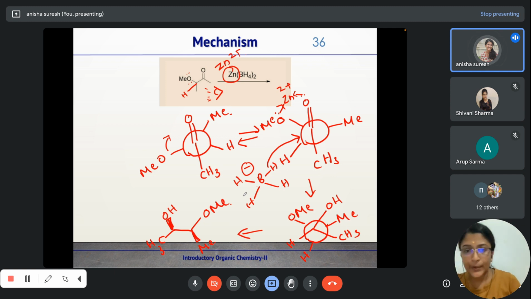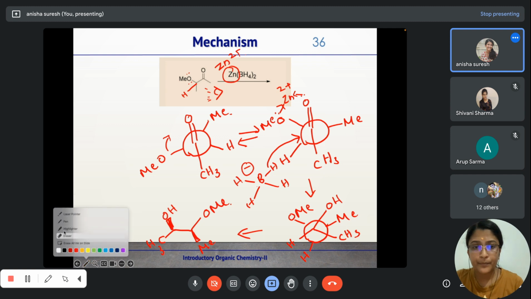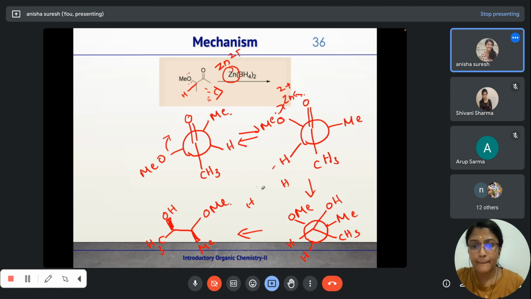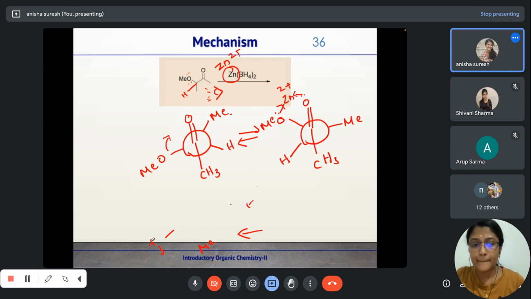This model is clear for you, right? This will be the structure that is most favorable for the addition to take place.